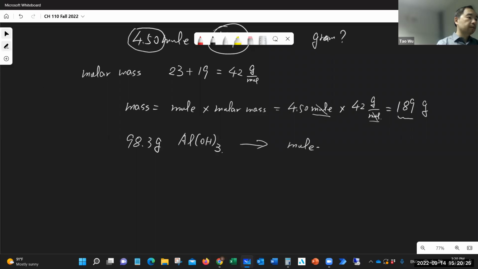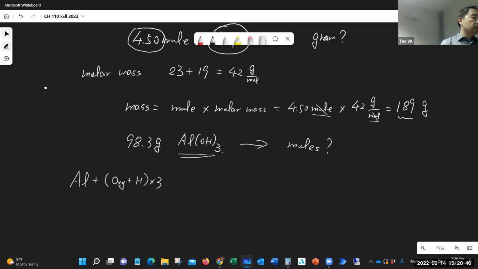Again, you need to figure out the molar mass of aluminum hydroxide. That's one aluminum plus one oxygen plus one hydrogen, times 3.